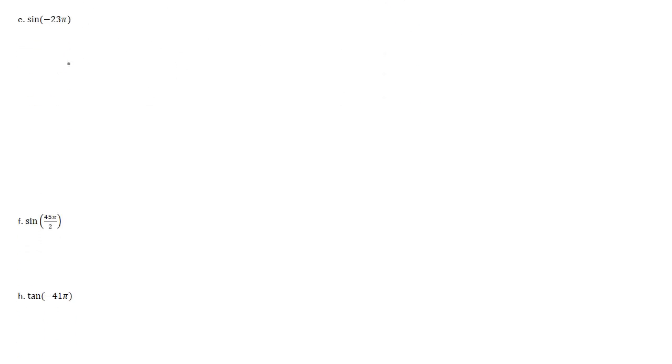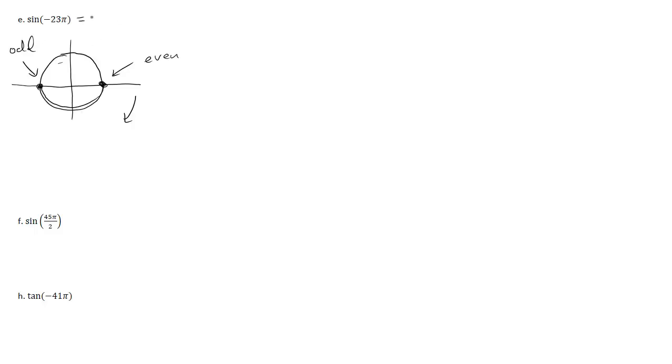So, in this question here, you've got negative 23 pi. So negative 23 pi, you're going around that way. And so you're going 1 pi, then followed by 2 pi, then 3 pi, then 4 pi. So you see that this gives you even values of pi, and this gives you odd values of pi.